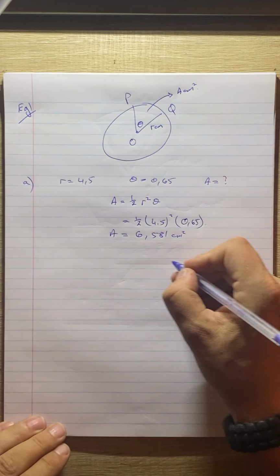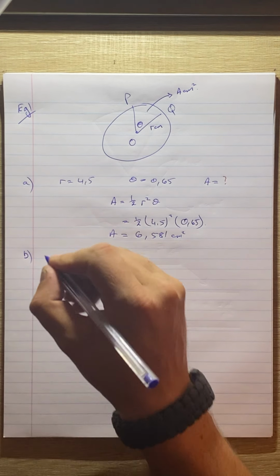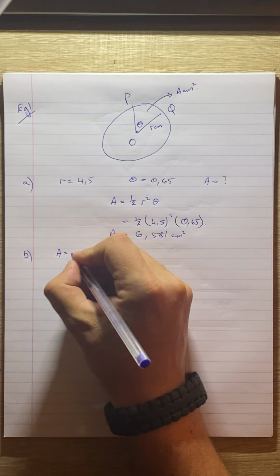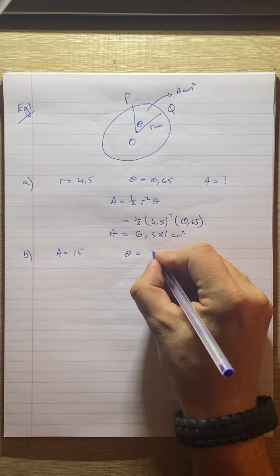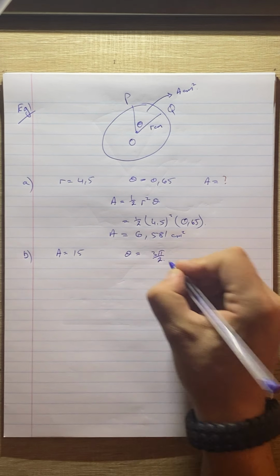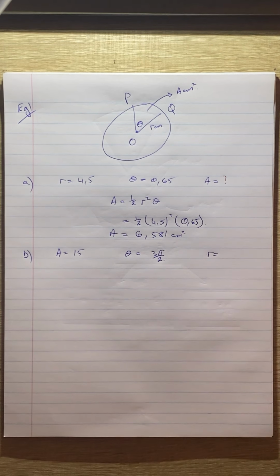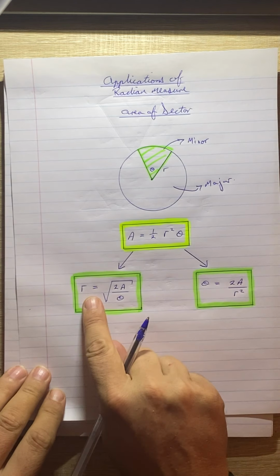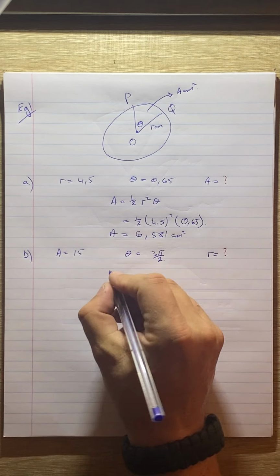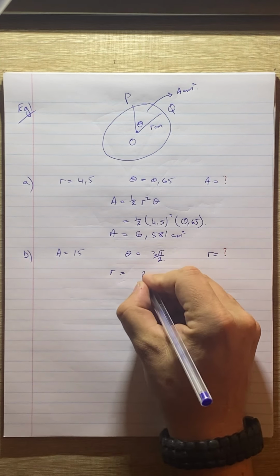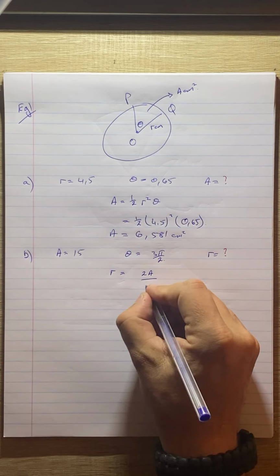Okay, question B, they've given us that A is equal to 15, theta is equal to 3 pi by 2, and we are missing the r. So the formula that I'm going to be using is this one over here to calculate what r is. So r is equal to the square root of 2A over theta.